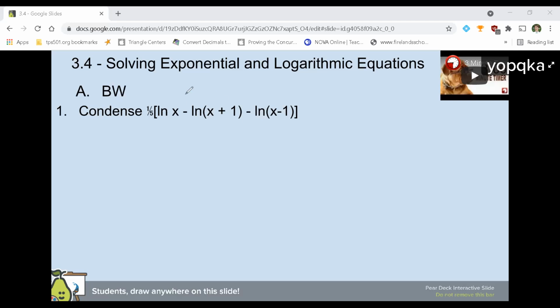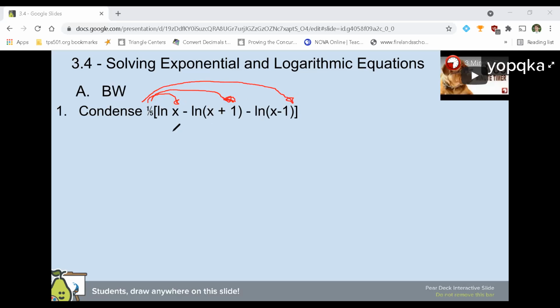All right, what do we do with this? How do we condense this? What's the first thing we do? Yeah, make it a power on each one. Distribute that 1/5. Okay, how do you draw arrows? Your arrows are supposed to look like that.